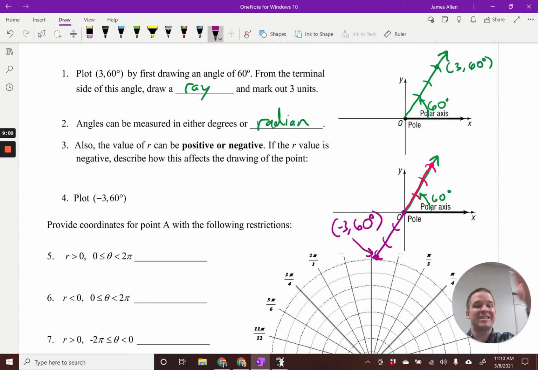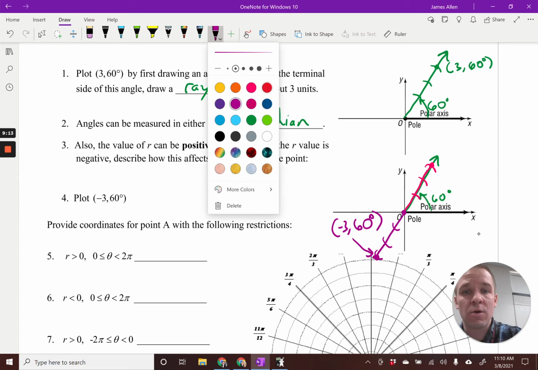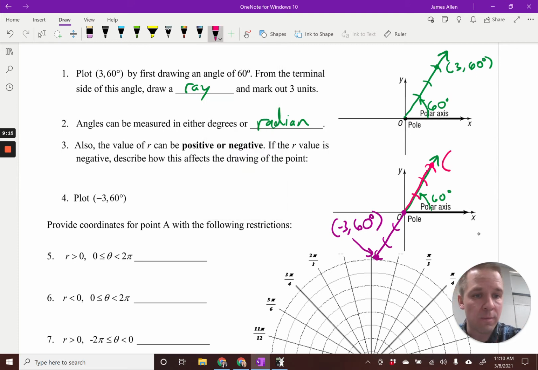Okay, so I reflect back. That's a good way of putting it. It's reflecting over the pole or over the origin there, back 3 for my radius. Okay, so that's my -3, comma 60, whereas this was my +3, comma 60 from the original problem. Okay, cool. Not a bad start here.